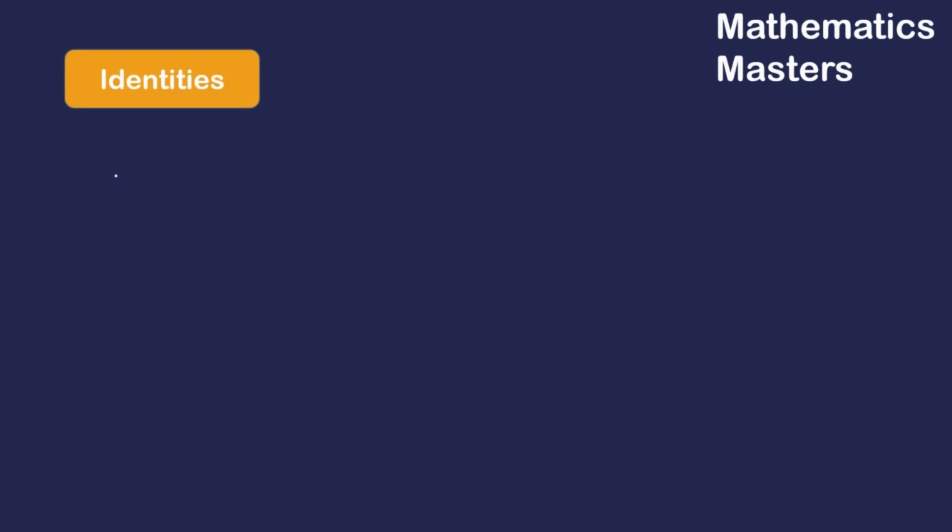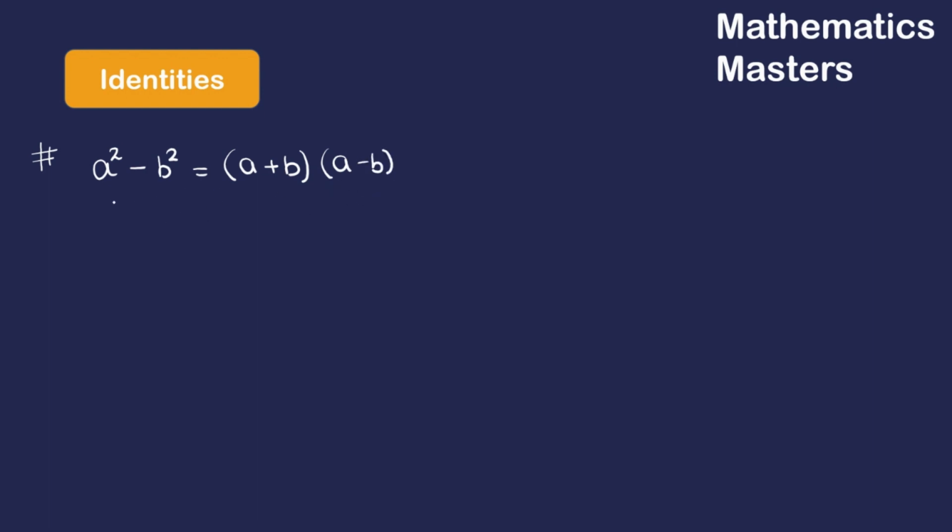So let us first try to understand the identity which we are going to use, although you must have learned this identity in your earlier classes and in the algebra part as well. So the identity says that the difference of the squares of the two numbers, that means a square minus b square, is equal to a plus b times a minus b.